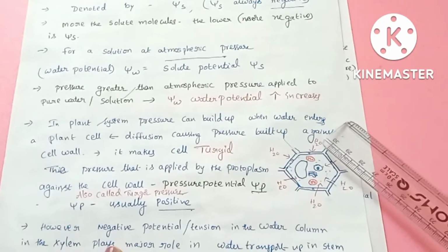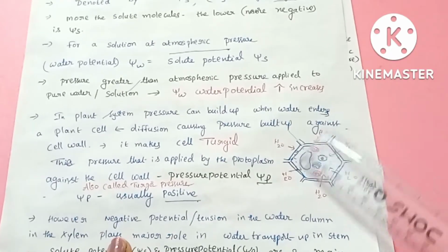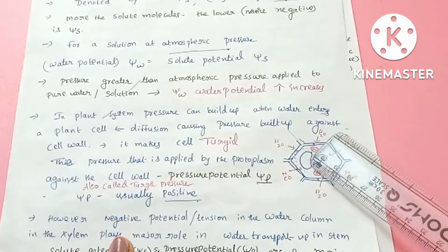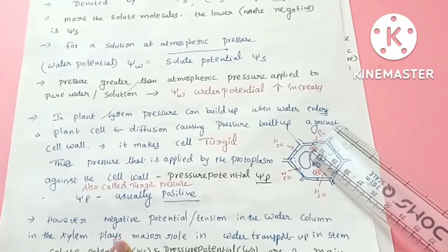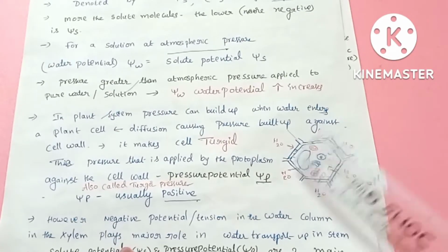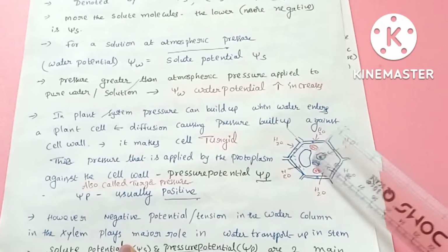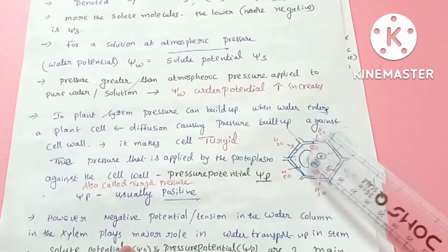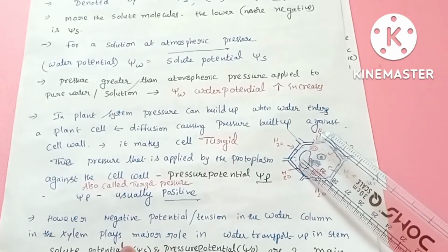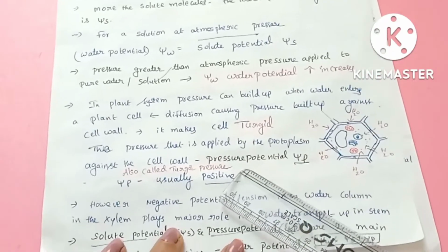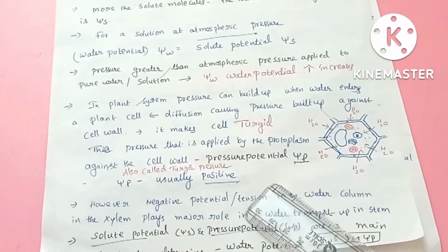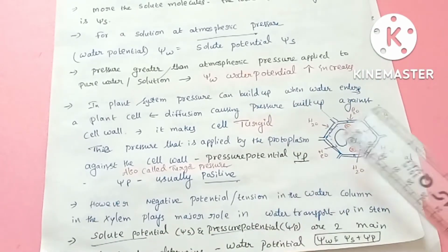Turgid means swollen. Inside the turgid cell, the protoplasm is present, right? The protoplasm applies pressure against the cell wall. That pressure is called pressure potential.